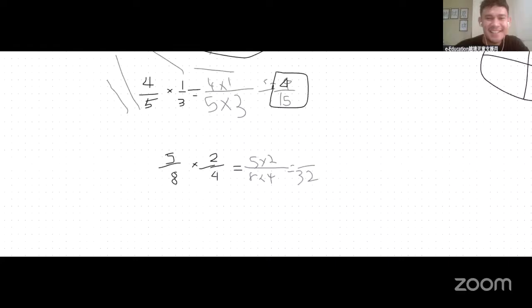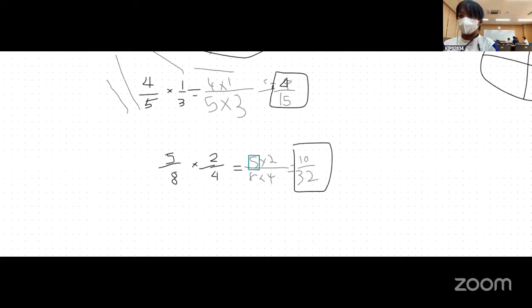Yeah, that's nice. Yes. Now, can we transform this into the lowest term? Yes. Wow. Yeah, actually, we can. So, what do you think? What number can we divide to make it smaller?